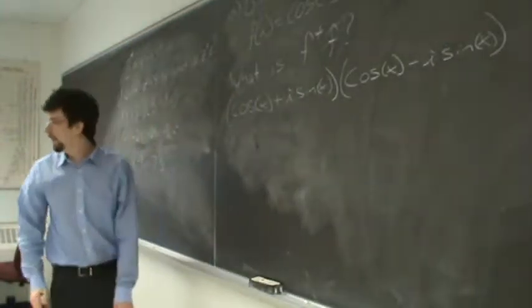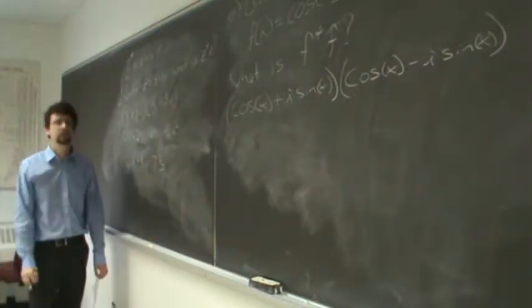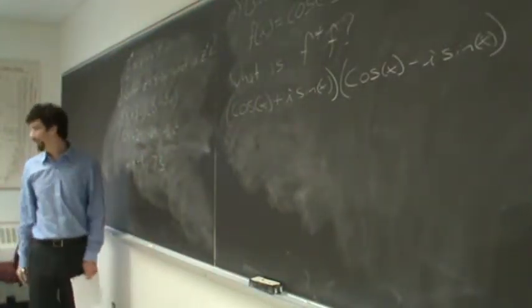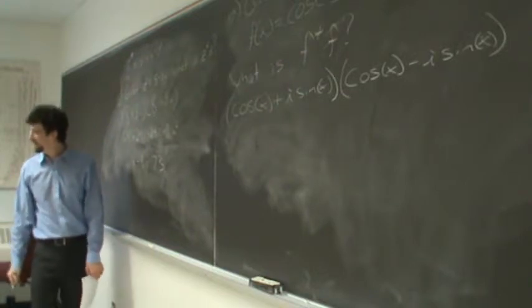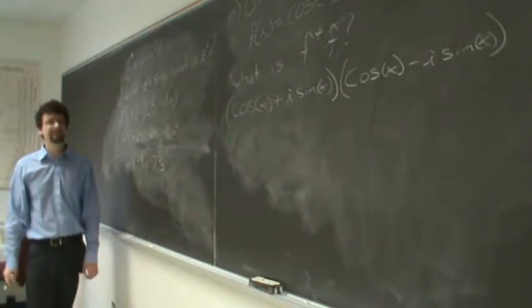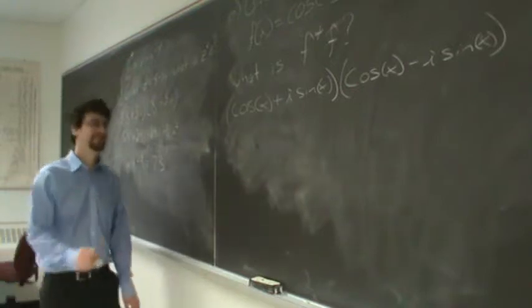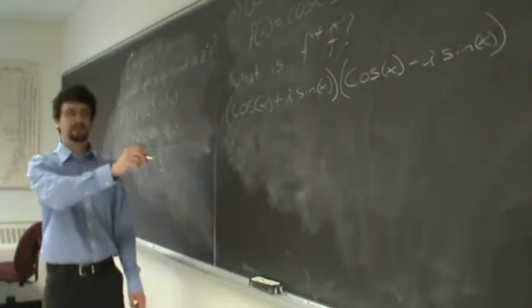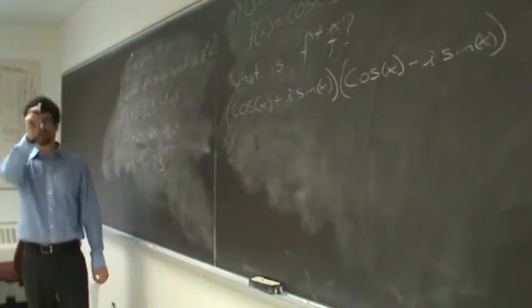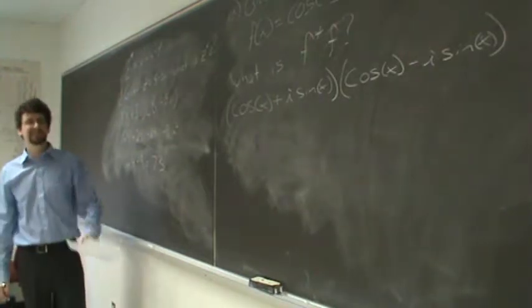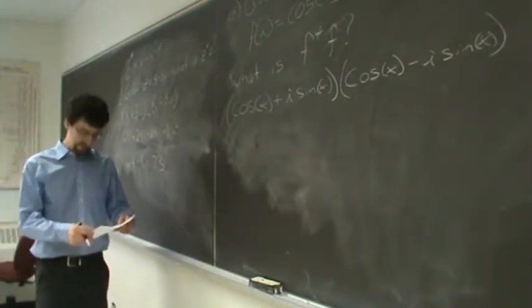Okay, what are we going to get out of that one then? Yeah, it will end up being 1 if you want it to be. Cosine squared. Yeah, it's going to be cosine squared. Chunk that goes away and then plus, well, minus i squared sine squared, which is plus sine squared.